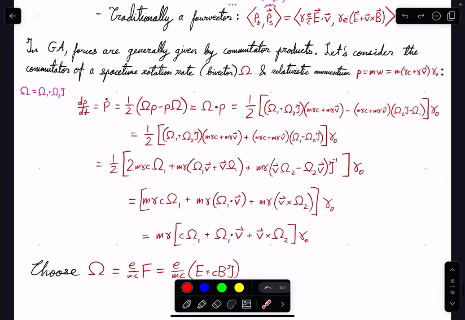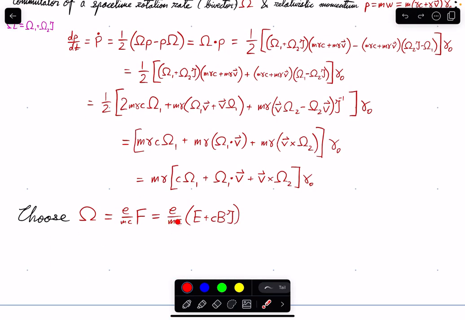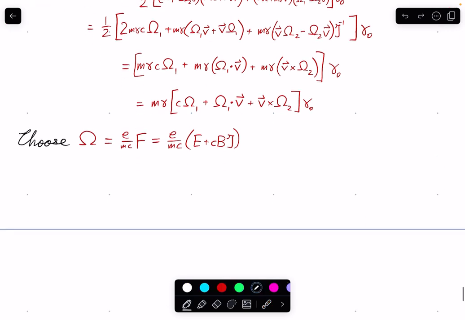And then when it acts on the momentum p, the mass will cancel out with this, and that'll give you the force from the rotation rate. So it's not like it was chosen without reason. It was chosen by the physical intuition that we know a charge interacts with the electromagnetic field, and that depends upon the ratio of that and the mass. But then when you actually put this all together, we'll see that the mass cancels out.